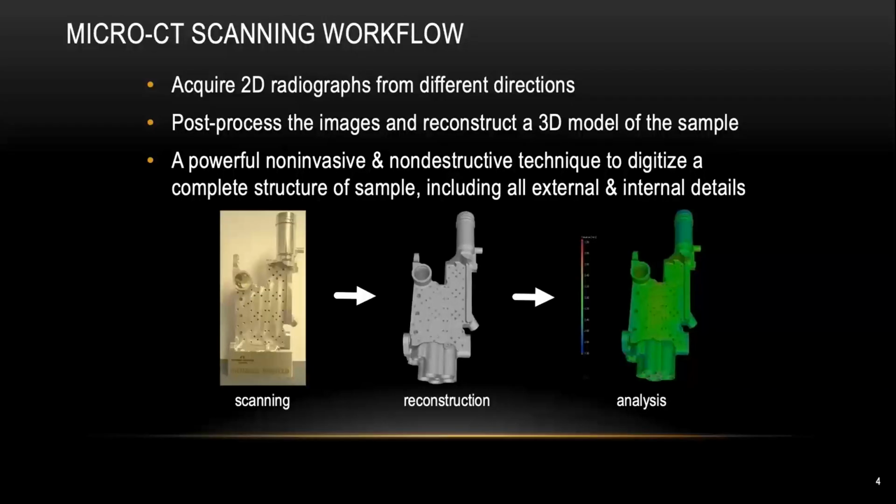So for the entire micro-CT workflow, first we generate thousands of projection images around your sample, but at this point all your images are still in 2D. In order to see a 3D volumetric data set, we need to do a reconstruction using some algorithm. Once the reconstruction is done, you can use your data for any kind of 3D analysis. It's a very powerful, non-invasive and non-destructive technique to digitize your entire sample, both exterior and interior information.